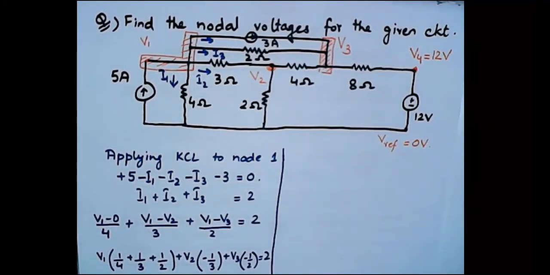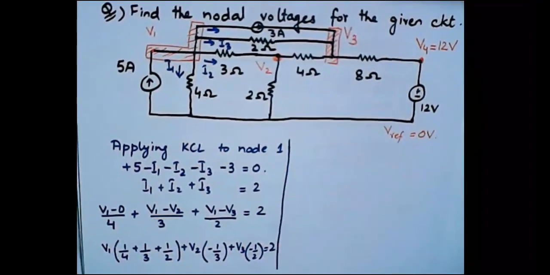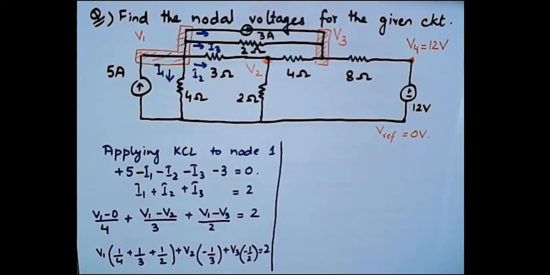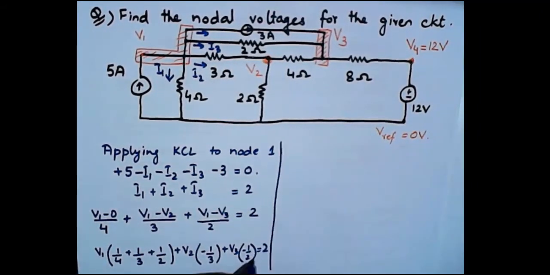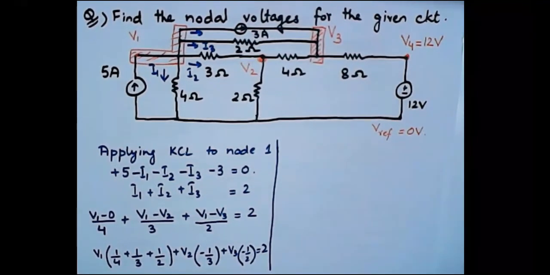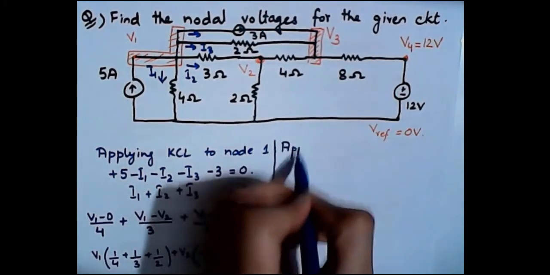Again you can take LCM and simplify this equation, but that's up to you, because as I have repeatedly said, we are here to learn electrical engineering, not mathematics. So it will be better off if we can just solve these equations by directly putting the values in the calculator.